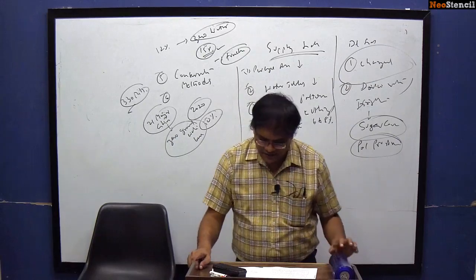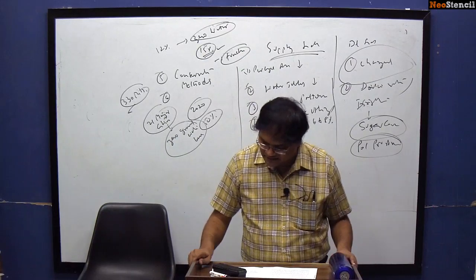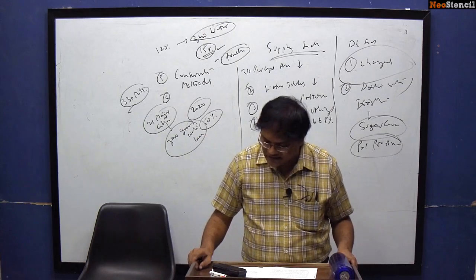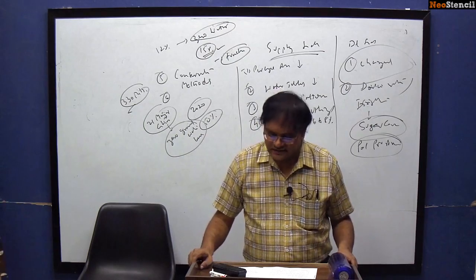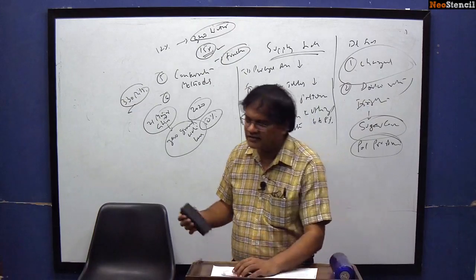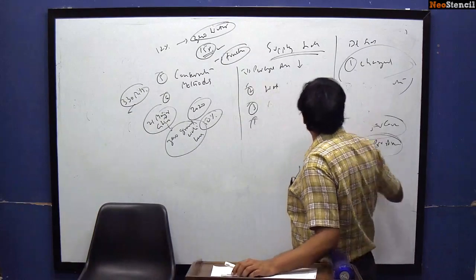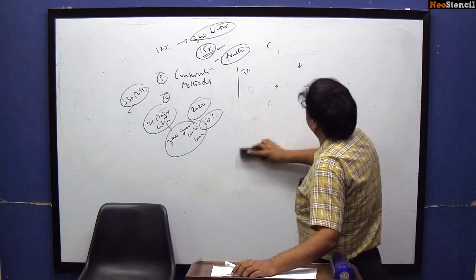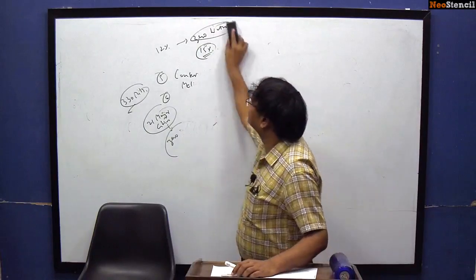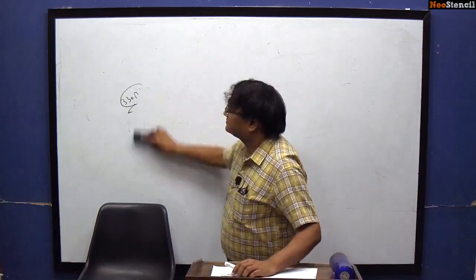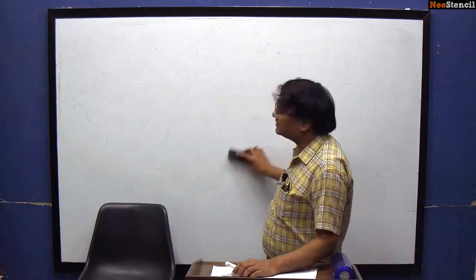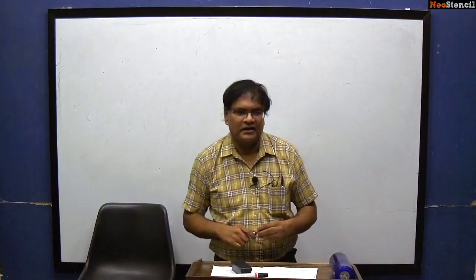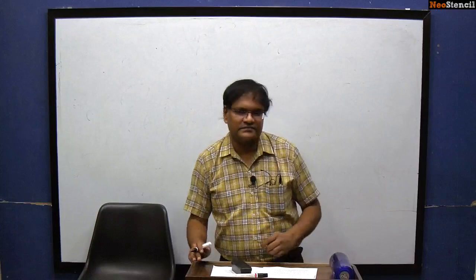Next question. The recent decision of the government to remove Article 370 and Article 35A has posed different challenges to the country's internal security. Discuss. So what kind of challenges to internal security can we think of with the removal of Article 370 and Article 35A?